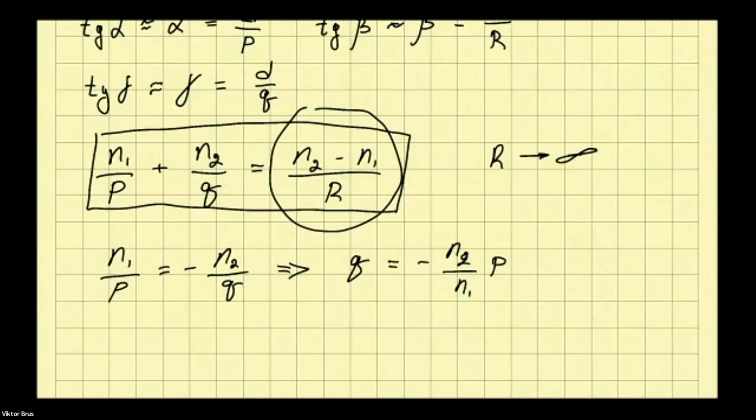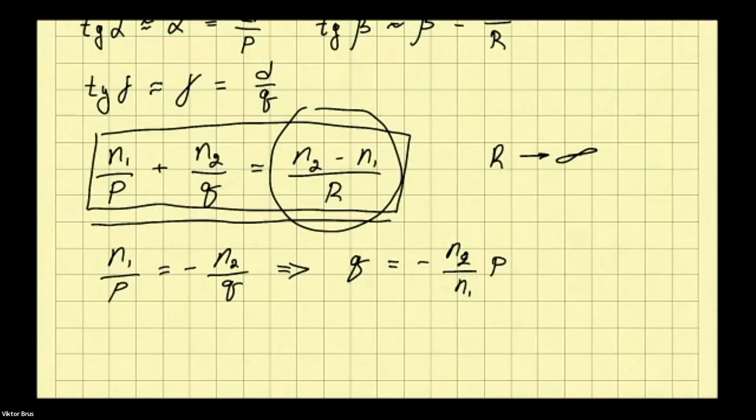So what does it mean? First of all, I would like to draw your attention, when we are talking about this equation of forming an optical image via refraction, that you need to pay special attention to the signs of these distance values, the quantities which are included in this equation.